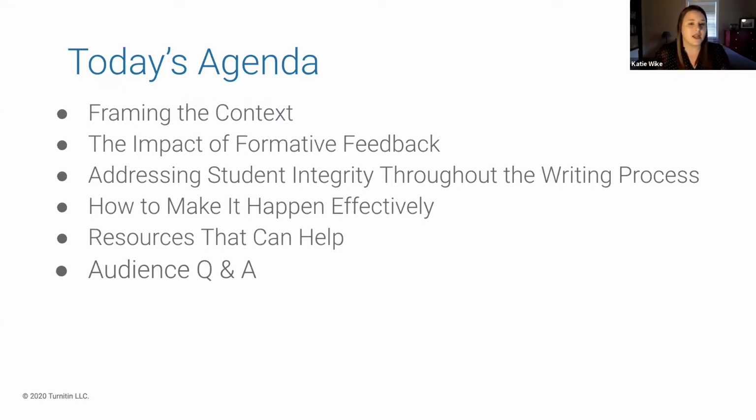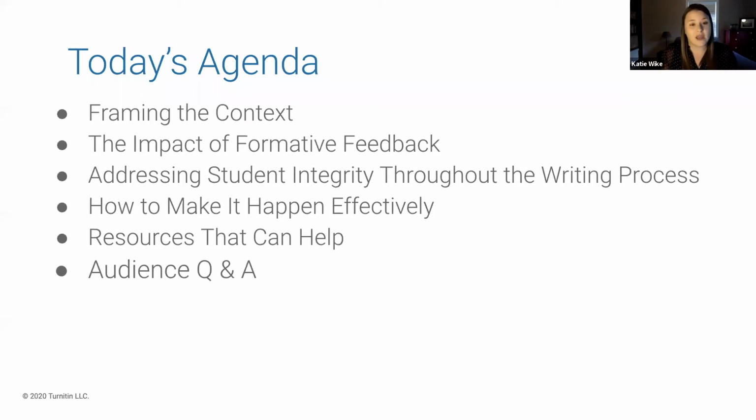So I want to take a look at our agenda so you can see what we're up for, and then we'll jump right in because I think you can see we have a lot to talk about. So first of all, we're going to frame the context a little bit, and I want to talk just shortly about the history of where the concern for academic integrity has been historically and also where it's presently at.